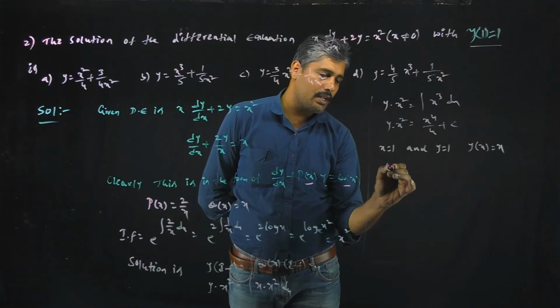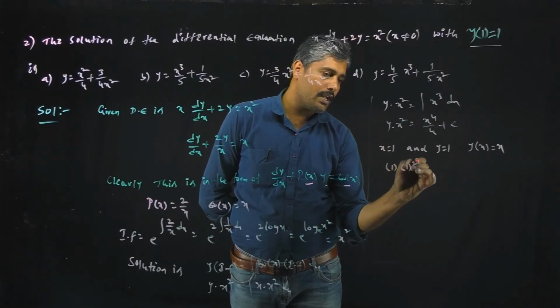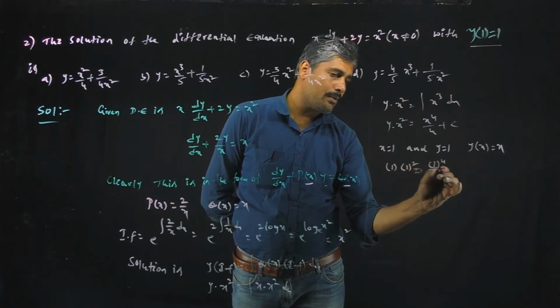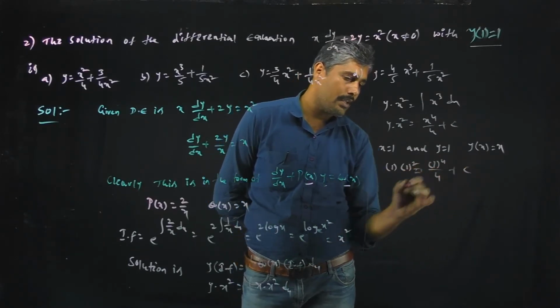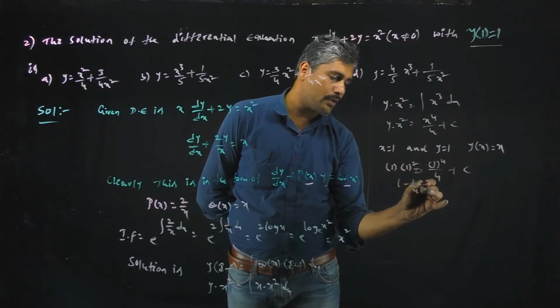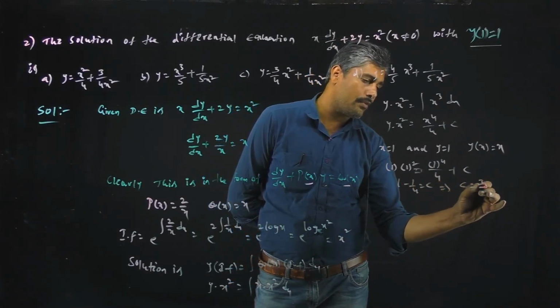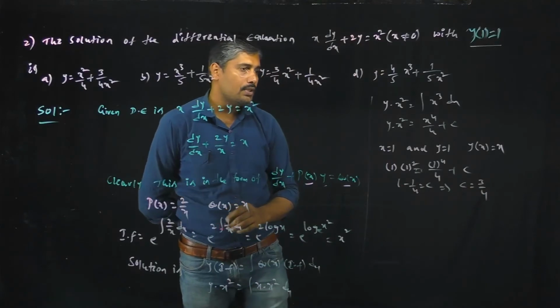Then we get 1 into 1 squared equals 1 to the power 4 by 4 plus c. That is, 1 minus 1 by 4 equals c. That is, c equals 3 by 4.